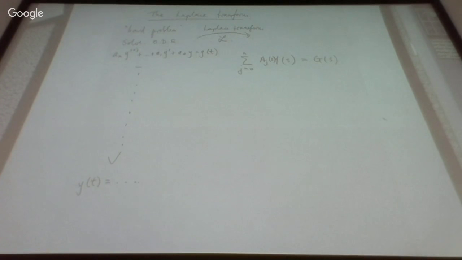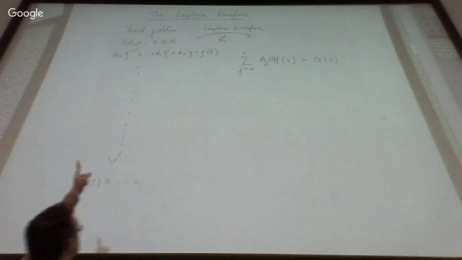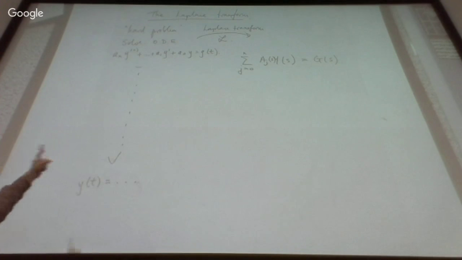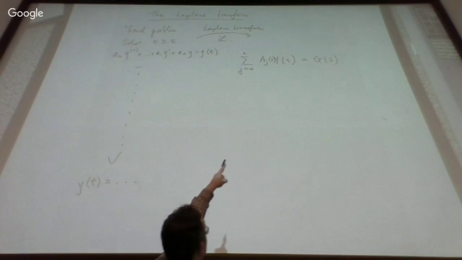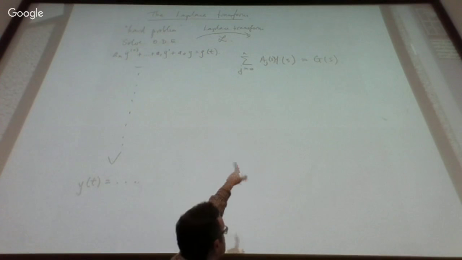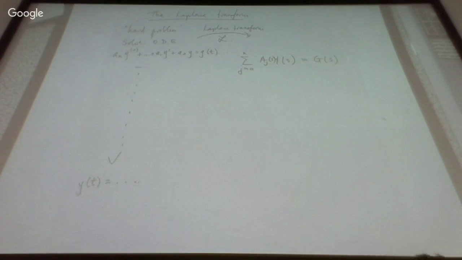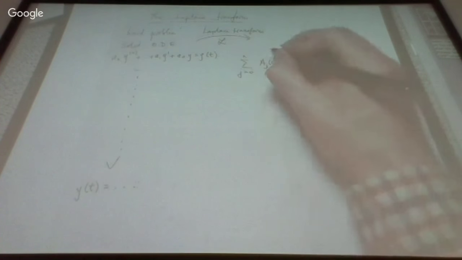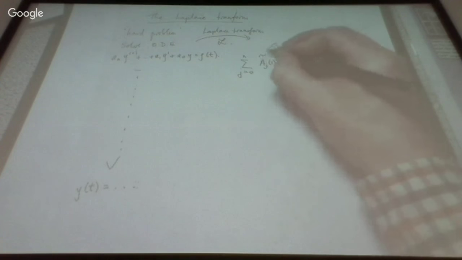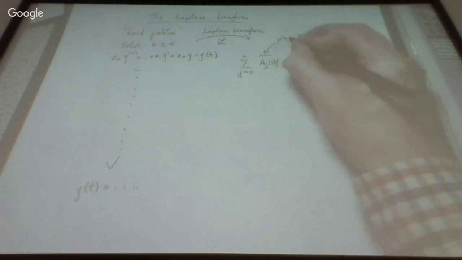So here, on the left-hand side, we've got a summation, which is kind of mirroring the summation in the differential equation on the left-hand side. I've got these unspecified functions for now, capital A_j of s. But these capital A_j of s, these are polynomial functions in s.